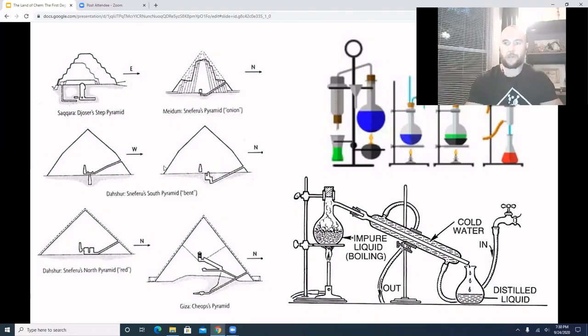Once you begin to evaluate it from that perspective, it becomes a lot easier to really understand how these structures operated. And I just feel very, very lucky to have had this amazing experience in Egypt and be able to stumble across these correlations that led me into investigating the connection between chemistry and the Egyptian pyramids.